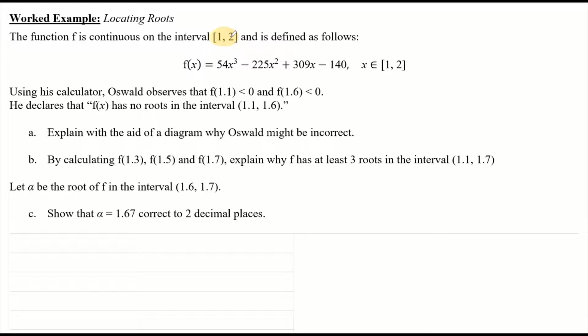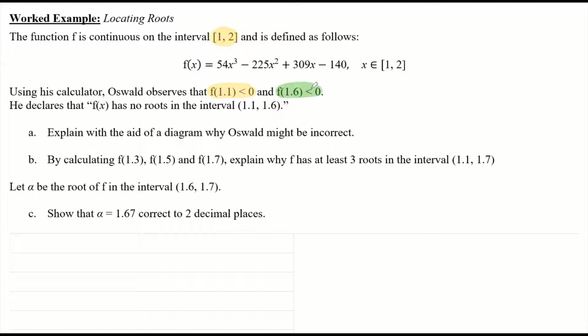Using his calculator, he observes that f of 1.1 is negative, and f of 1.6 is also negative. So given that evidence, he declares that f of x has no roots in the interval (1.1, 1.6), not including either of them.